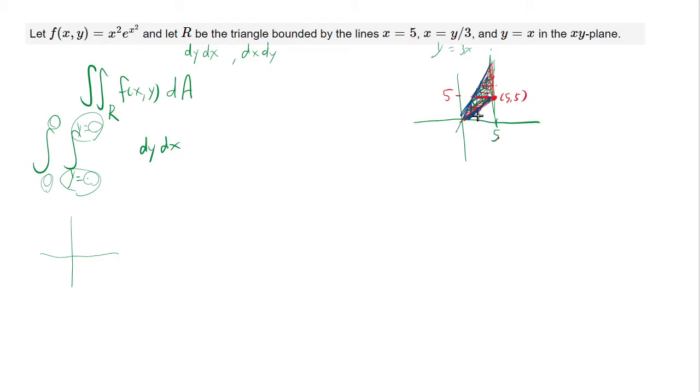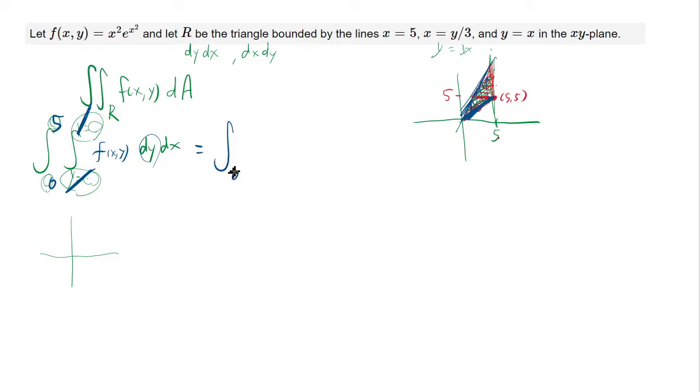Painting upward means you do dy first, you go up. dx dy means you go right. So dy dx is easier, so let's try this one. You begin here and end here, on the steeper line, and then you go from 0 to 5, and you're trying to integrate f.